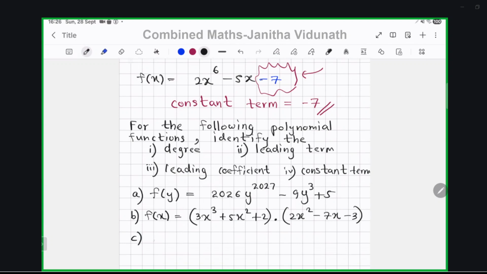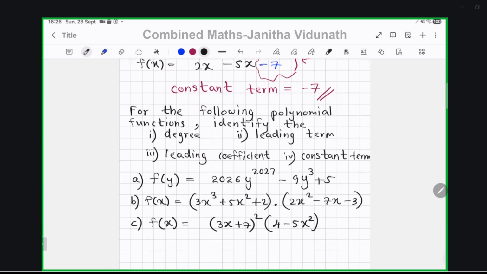Third one is f(x) equal to (3x plus 7) squared times (4 minus 5x squared). Okay, do these three equations and send me the answers.